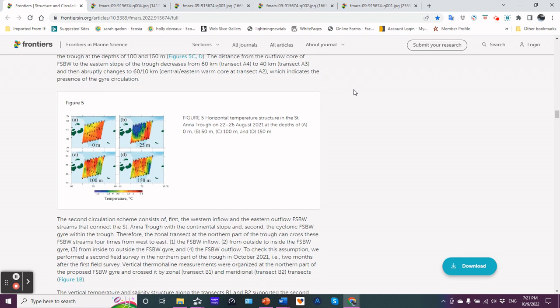Let's look at figure 5. Horizontal temperature structure in the St. Anna Trough at the depths of A, 0 meters, B, 50 meters, C, 100, and D, 150, and they're drawing attention to C and D. Let's take a look.